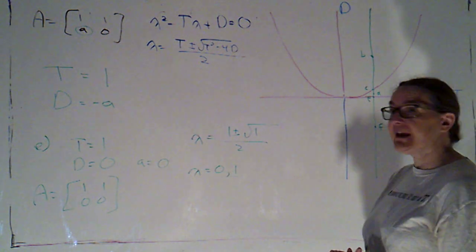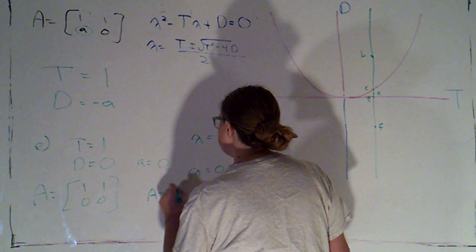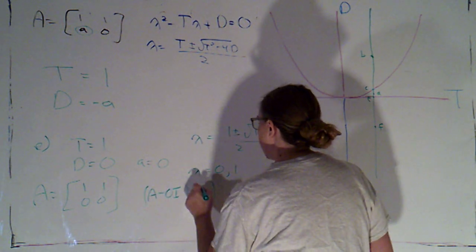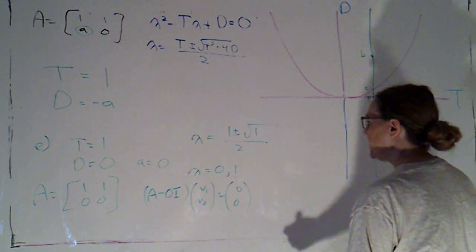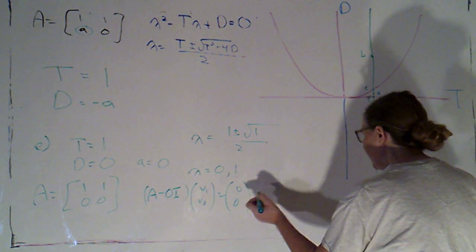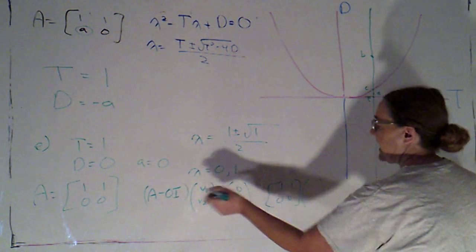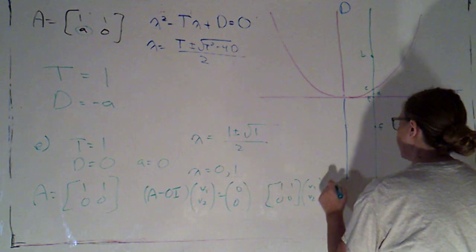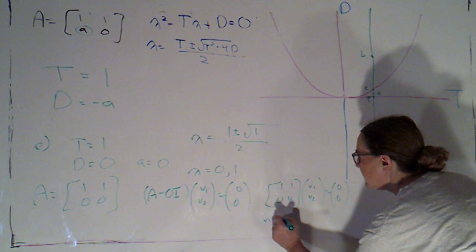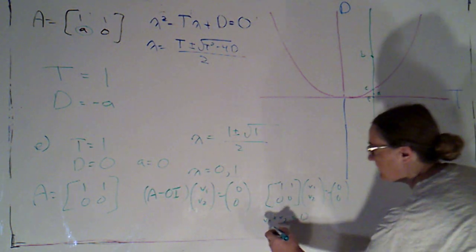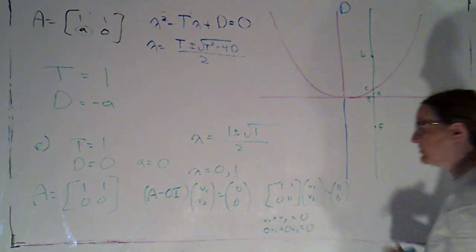So if I look at finding, let's say, an eigenvector for 0, I'd be looking at A minus 0 times I, times V1, V2, has to equal 0. But that's just A, [1, 1; 0, 0], times V1, V2 equals 0. The corresponding equations are V1 plus V2 equals 0, and the lovely next equation I get is 0 copies of V1 plus 0 copies of V2 is equal to 0.